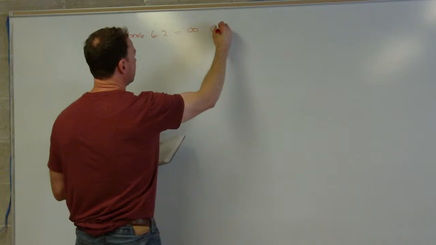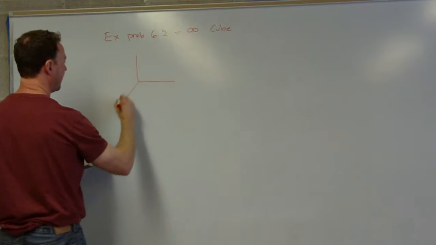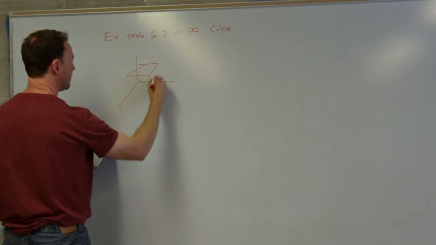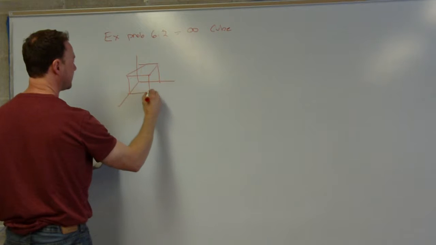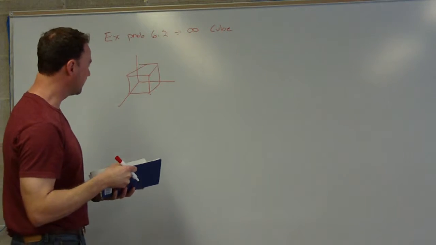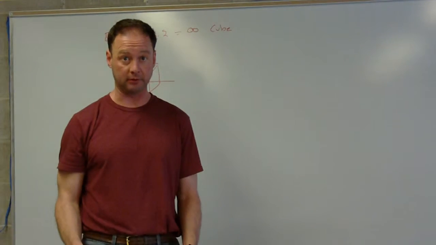The infinite cube. All right, so the scoop is we have an infinite cube. The cube itself is not infinite, it's finite. It has finite length. It's a cube, so the lengths x, y, and z are all A. It begins at the origin.